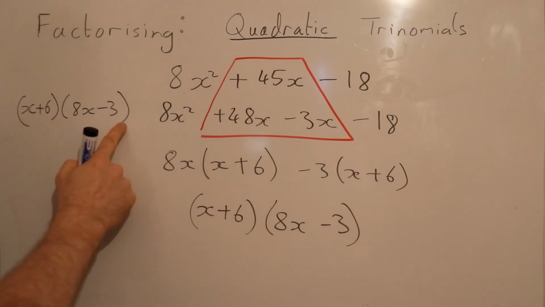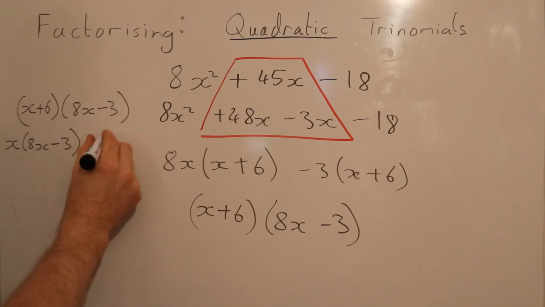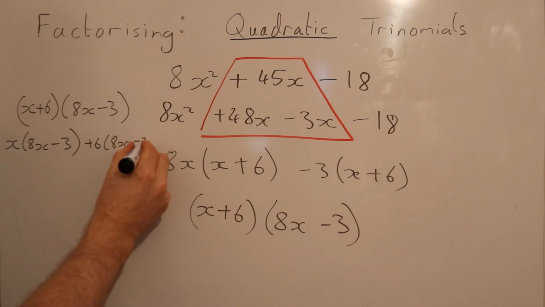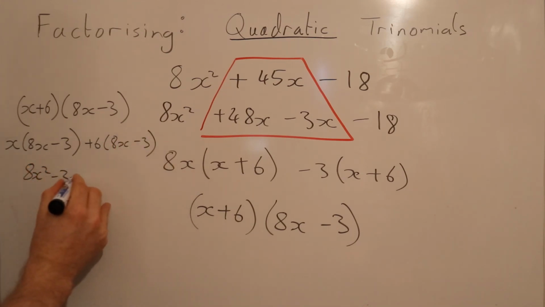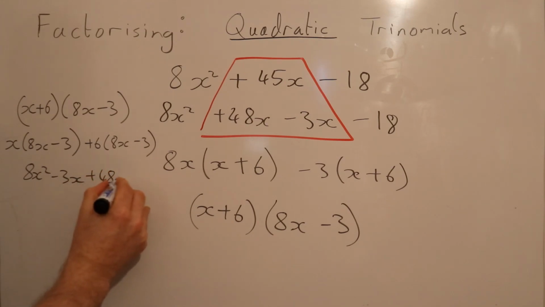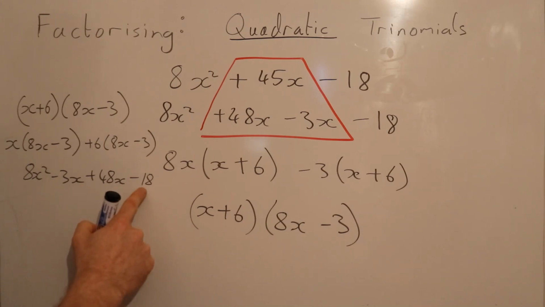So multiplying these, x must multiply both terms. 6 must multiply both terms. So x times 8x, 8 times minus 3, 6 times 8x, 6 times minus 3.